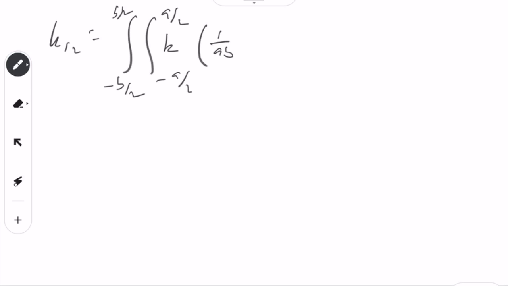So del n1 over del x multiplied by del n2 over del x, where del n1 over del x will be 1 over ab times y minus b over 2, multiplied by minus 1 over ab, and then in this case also we will have y minus b over 2.